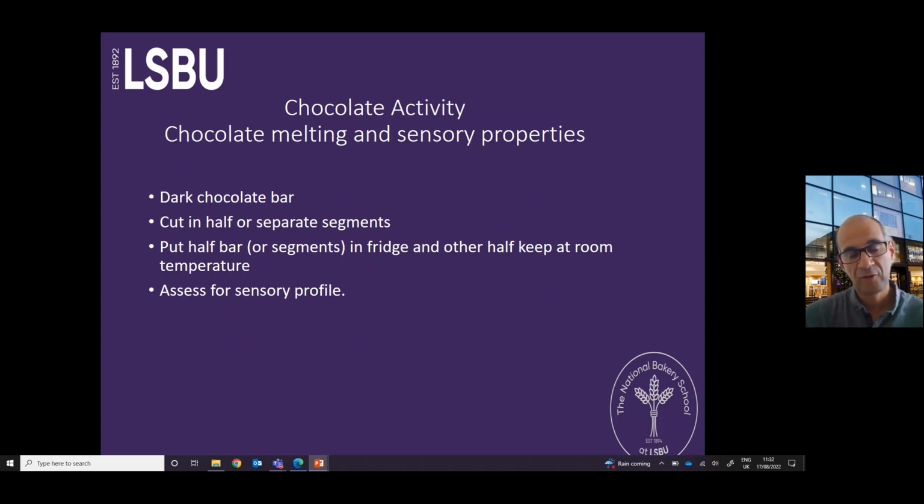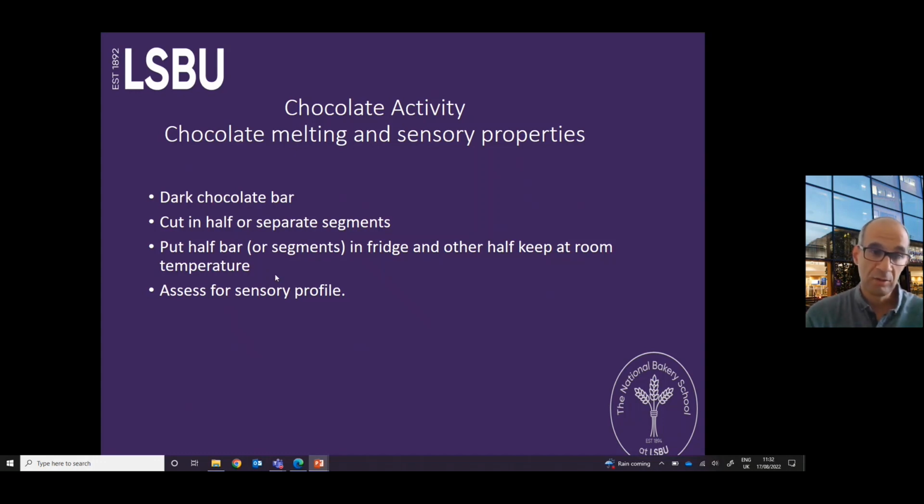We'll have chocolate kept at 2 temperatures, one low and one at room temperature, and you'll be able to assess how this affects the taste and other properties in your chocolate.